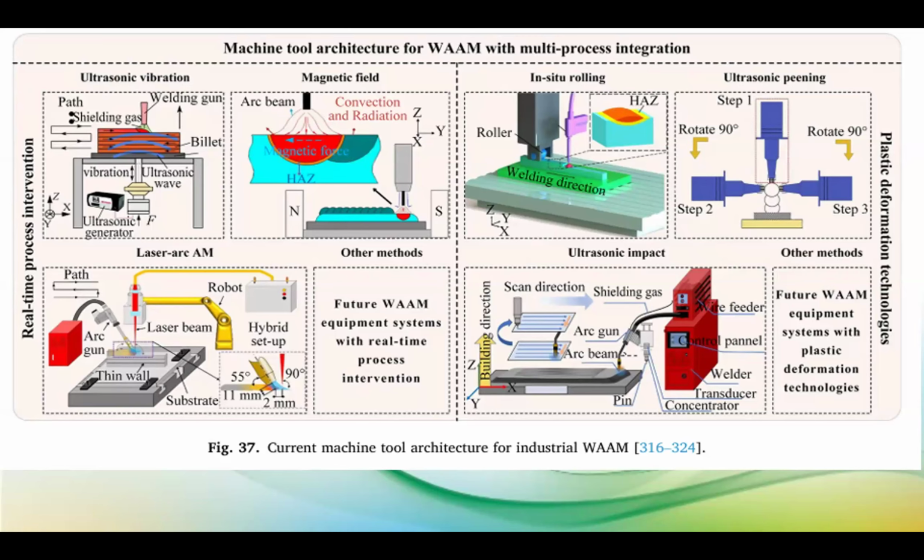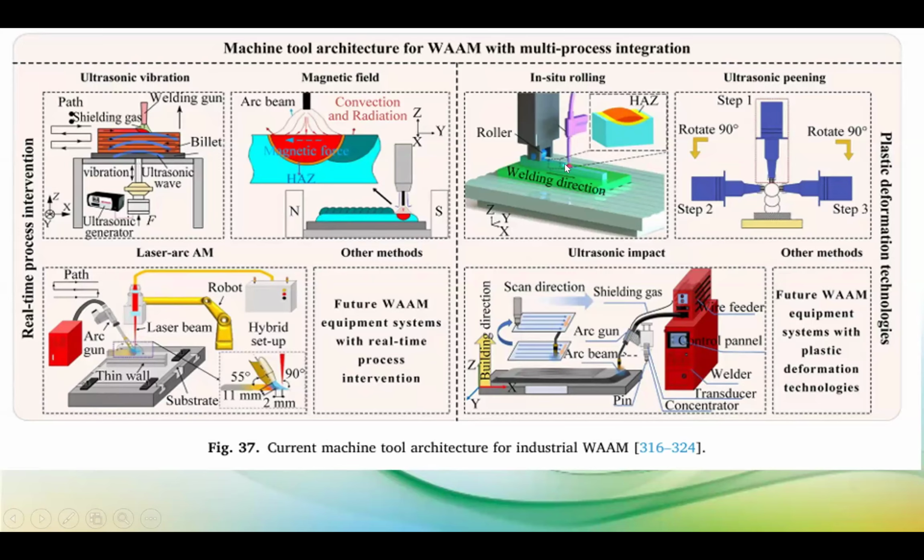Then comes the third one. It's rolling. Immediately a rolling device will be there, a rolling ball or roller. There will be, I hope the pointer is visible, the additive manufacturing or VAM torch.